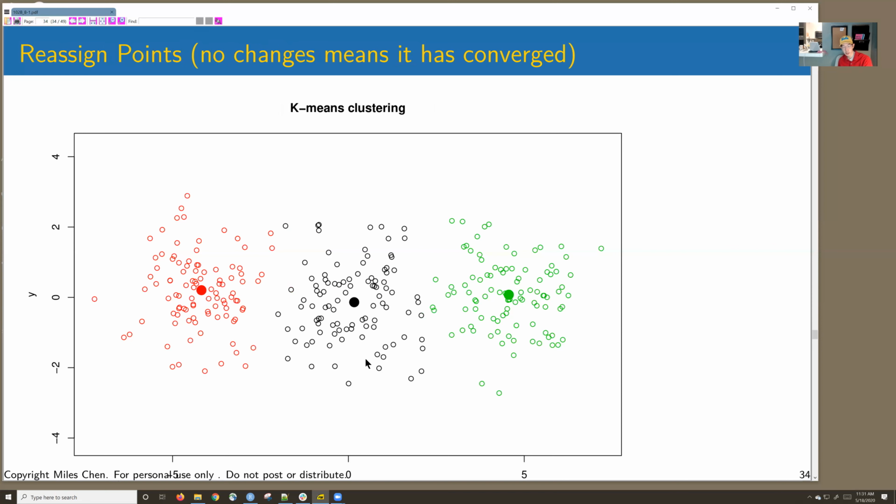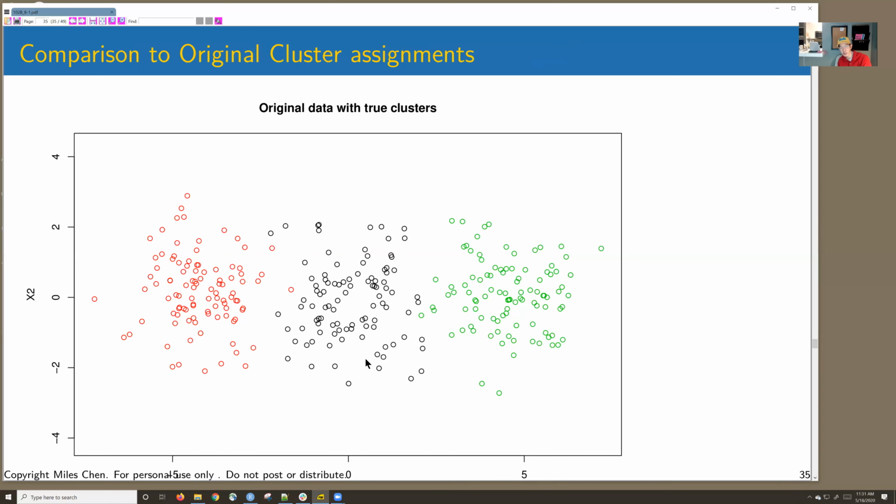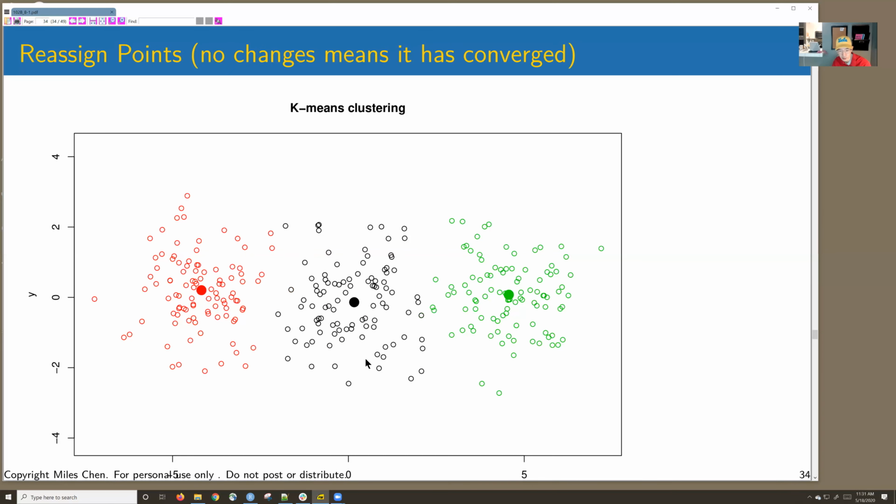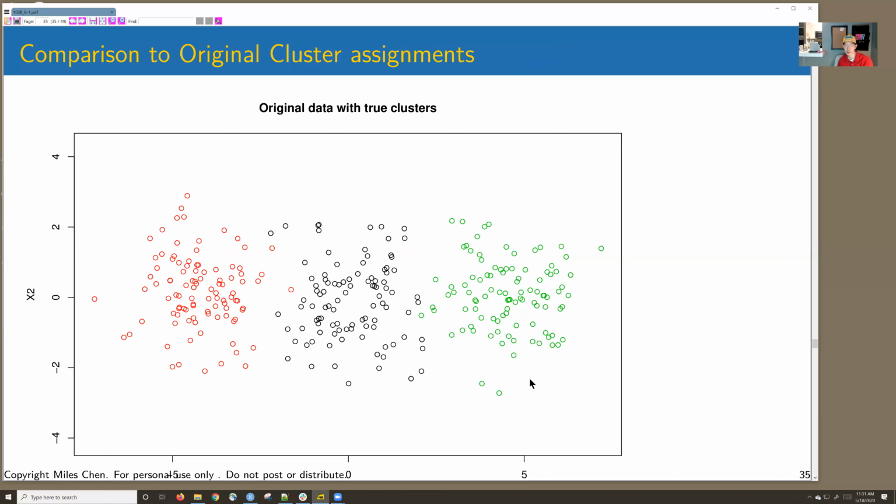And I do want to say that just by coincidence, the clusters that our algorithm chose are red, black, and green, and their color labels just happen to match the generating color labels. But this is not always going to be the case. Whenever you do clustering, the labels of the clusters are completely arbitrary.